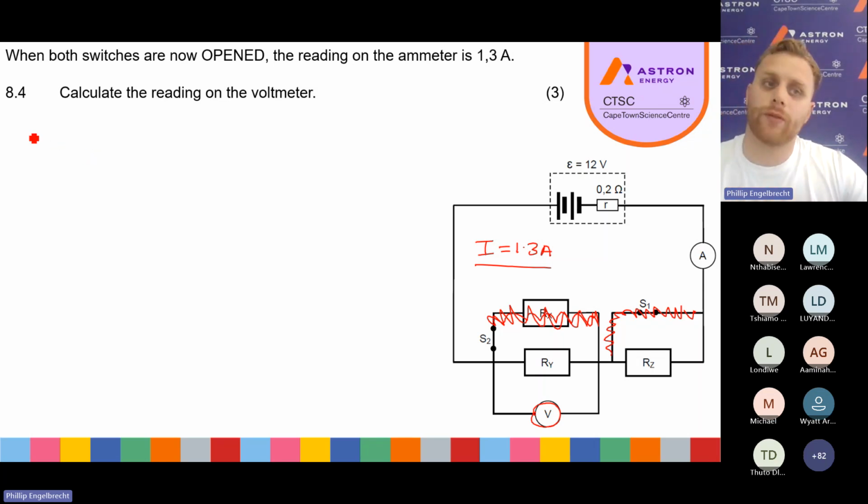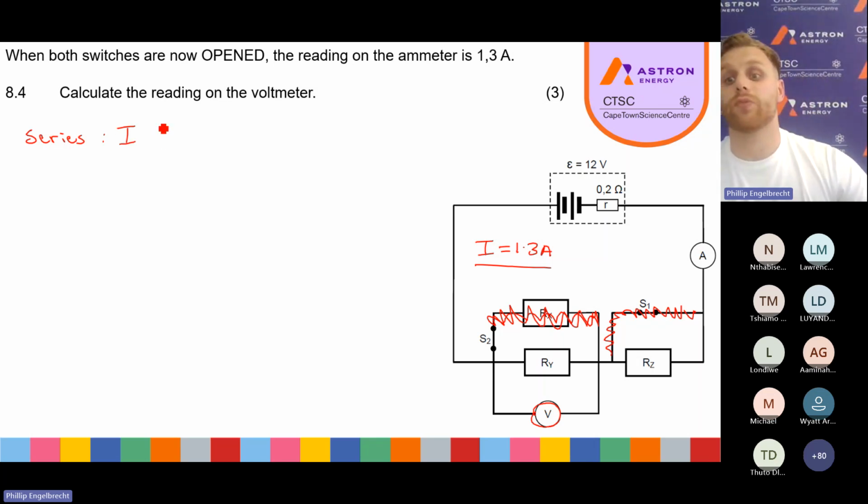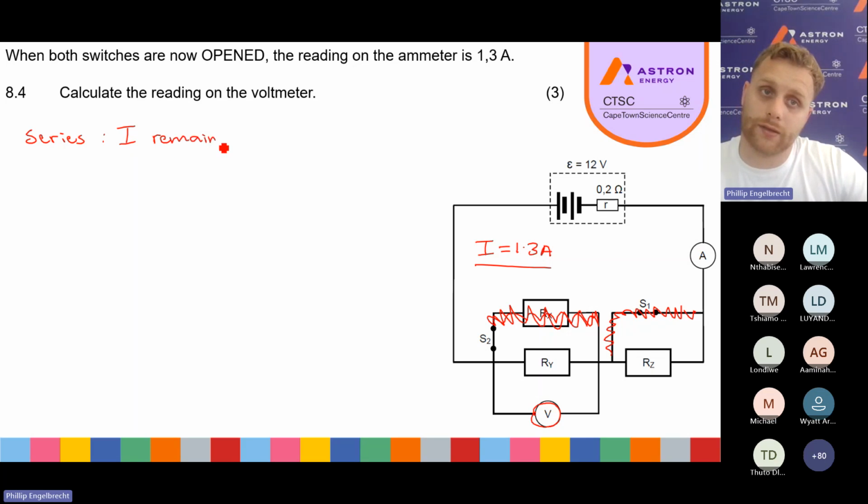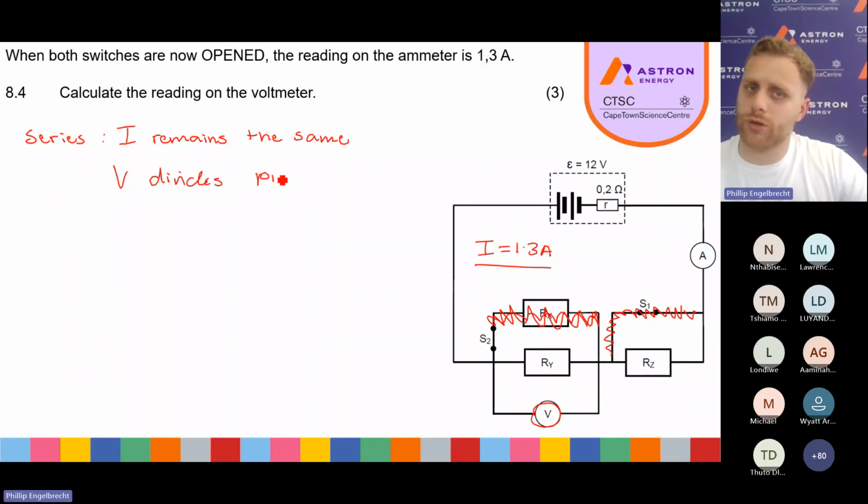Now I'm dealing with a series circuit. What do I know about series? The current in each branch is the same. So current remains the same, but the voltage divides proportionally.